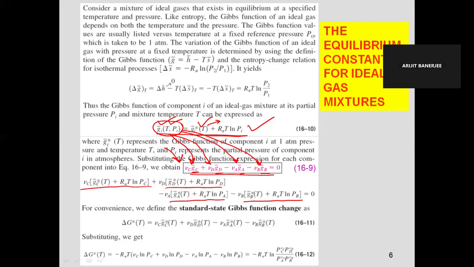Now if I take these terms out under a particular bracket, this one, then this is related to what? This is related to either tabulated property or the stoichiometric coefficient. So here you see that this does not depend on the partial pressure, etc. So this depends only on the known property and the stoichiometric coefficients.